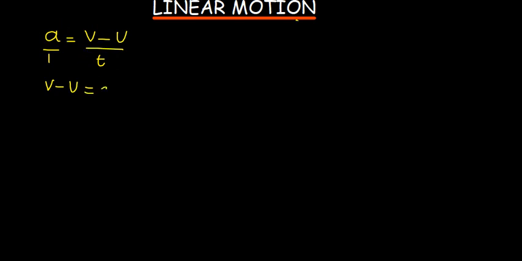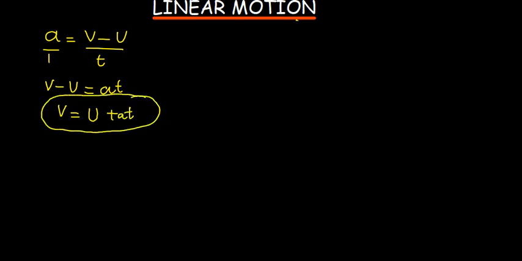That is going to be at. And then this u is negative. I'm going to take it the other side of the equation. So it's going to become v is equal to, it becomes positive u because it was negative, and then plus at. So this is an equation that you should know. This is the first equation that you should know.